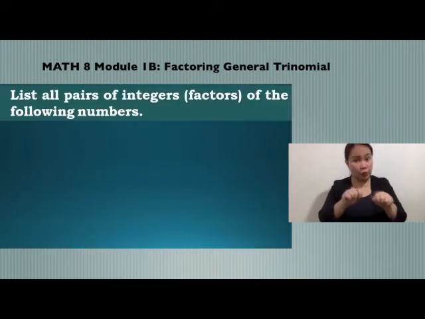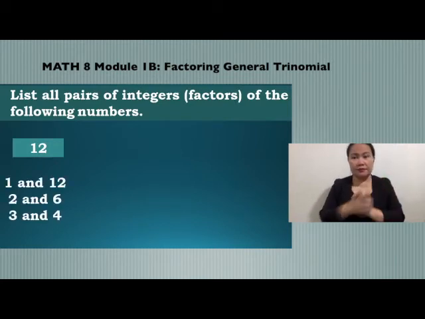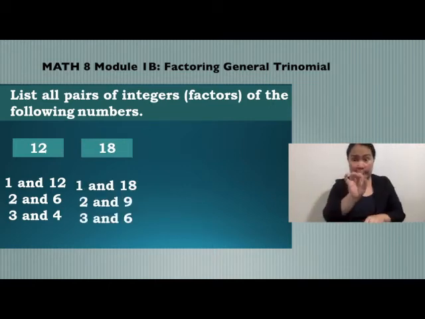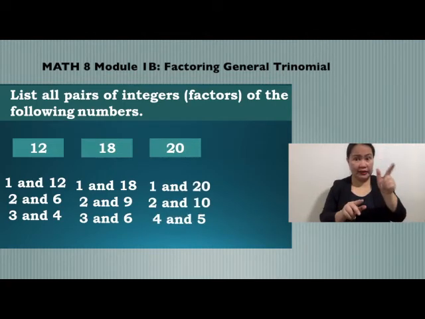Let's have another. So, we have 12. So, we have 1 and 12, 2 and 6, 3 and 4. For 18, we have 1 and 18, 2 and 9, 3 and 6. For 20, we have 1 and 20, 2 and 10, 4 and 5.